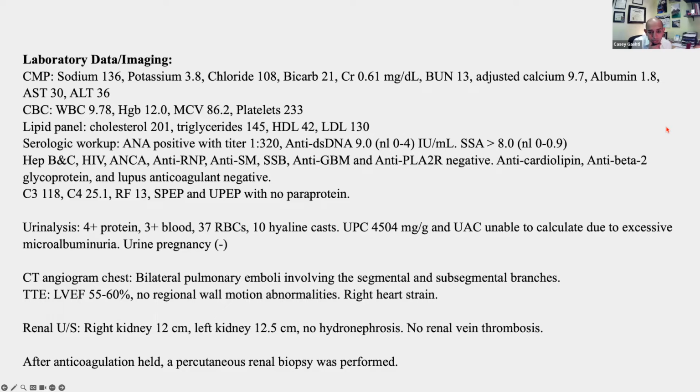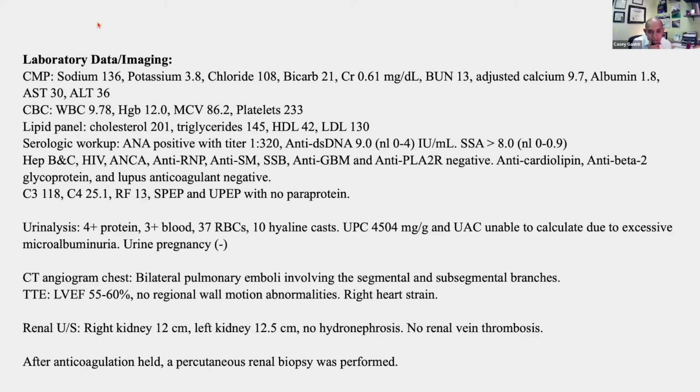Her serum creatinine is 0.6, which sometimes you have to be careful with saying that's normal, because you can have a lot of inflammation in the kidney of a young person, even crescents or necrosis, and have a relatively normal serum creatinine. But that being said, 0.6 I assume is pretty close to baseline or normal for her.